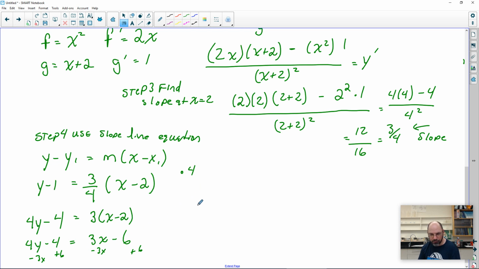So our final equation is 4y minus 3x plus 2 equals 0.